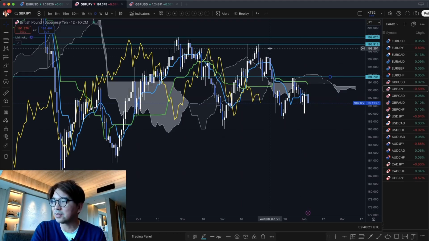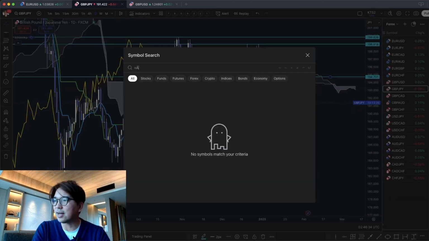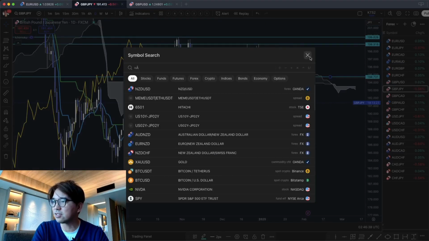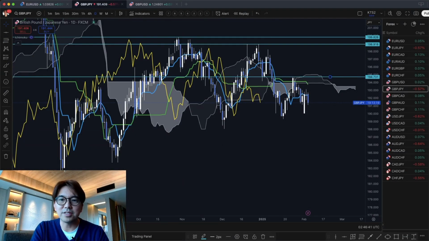And now you may wonder, what about this one? There was a swing high over here too, 198.27. And yes, you can draw the line here too, but this is close to 198.91. So I would say that this is not like two resistances, but more like a resistance zone, so to speak. Hold on, let me get this pen tool enabled, so I can draw the memo on the chart.